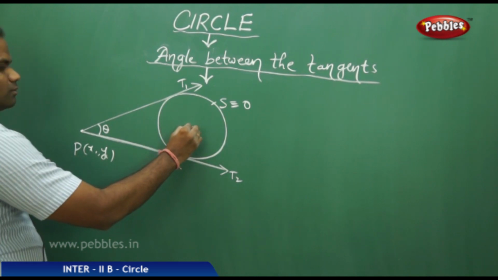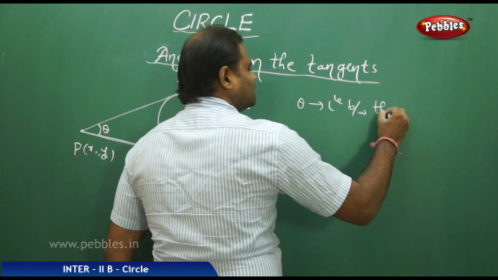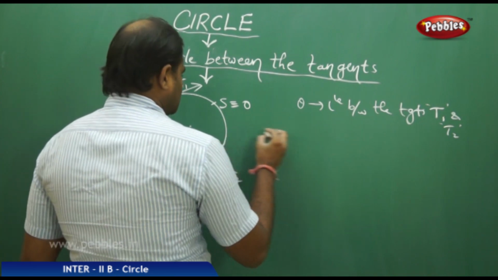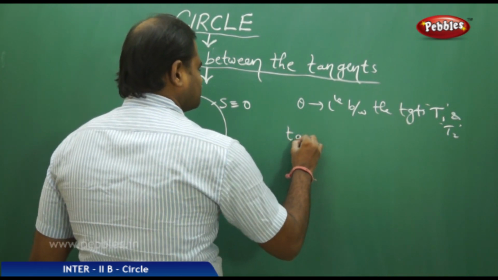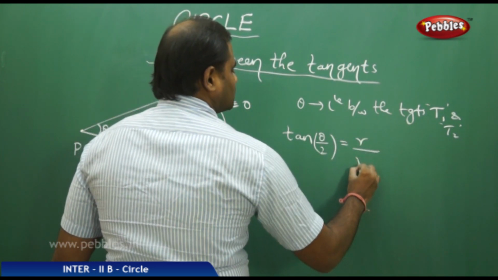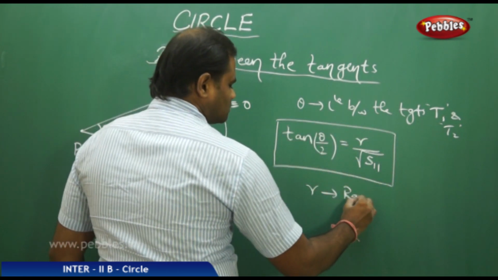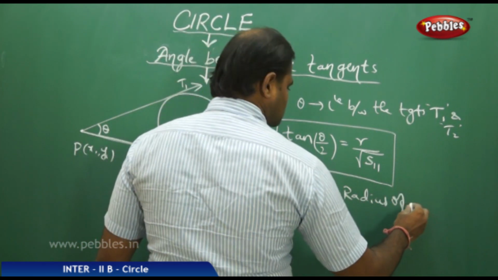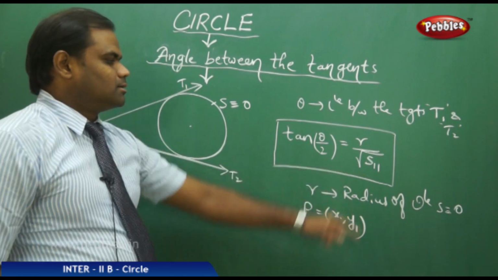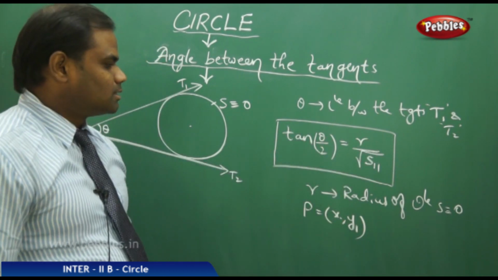If this is theta for the circle, then theta is the angle between the tangents T1 and T2, which is given by the relation tan theta by 2 is equal to r by root S11, where r is the radius of circle S equal to 0, and P(x1, y1) is the point, and theta is given using the relation tan theta by 2 equals r by root S11.